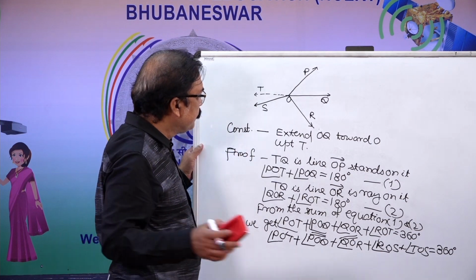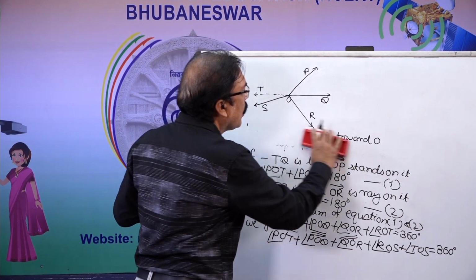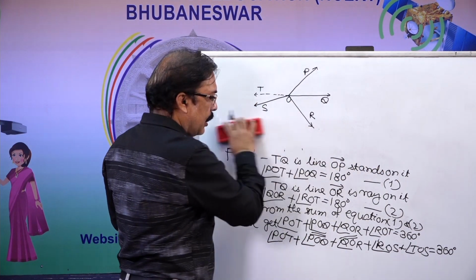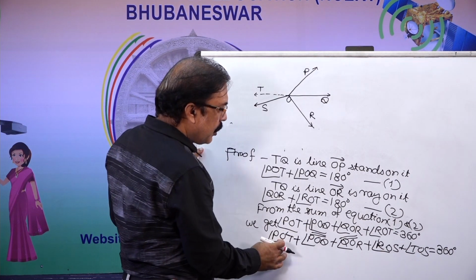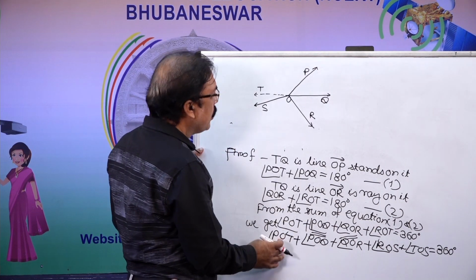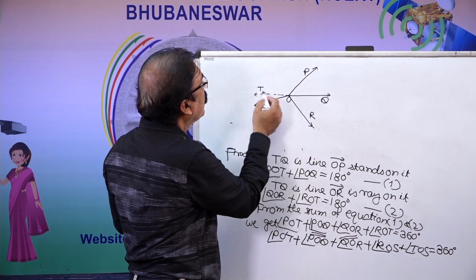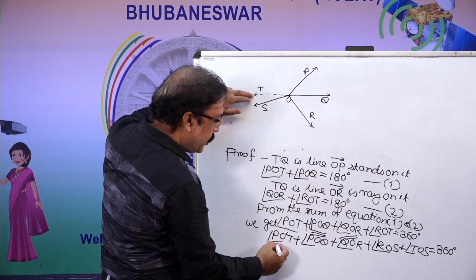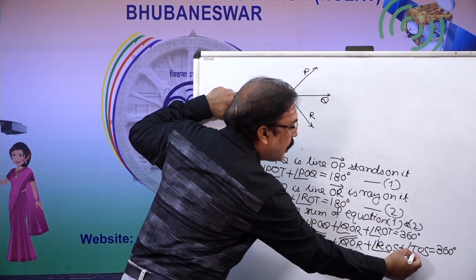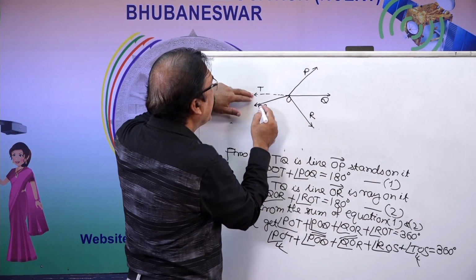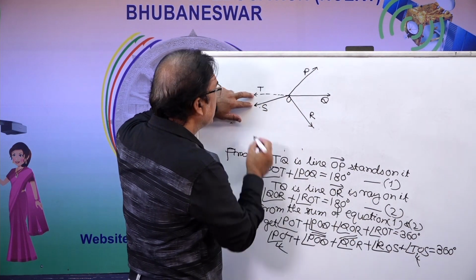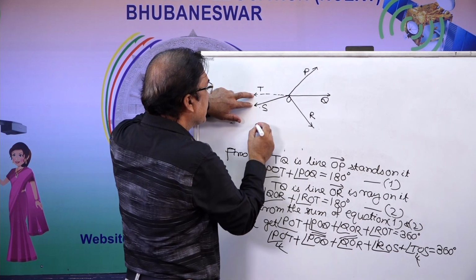Now, you see POT, this one, and TOS. These two constitute angle POS.